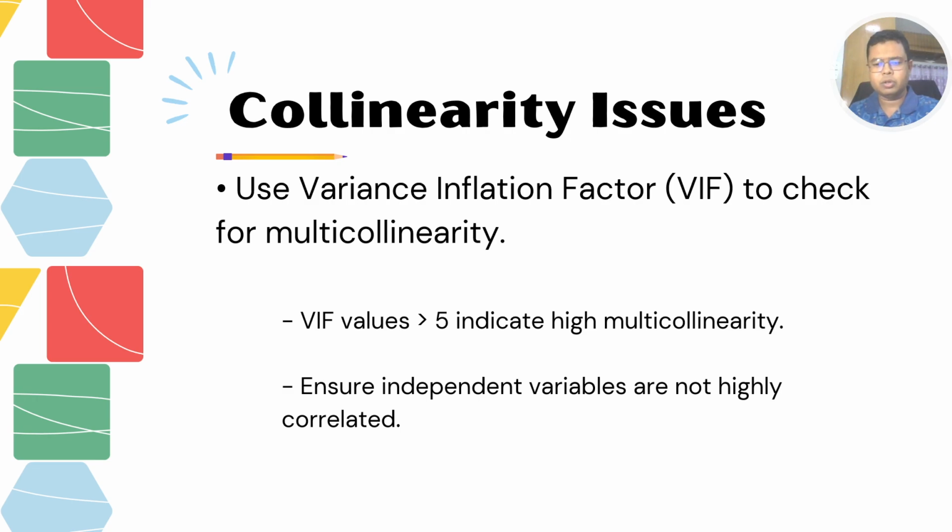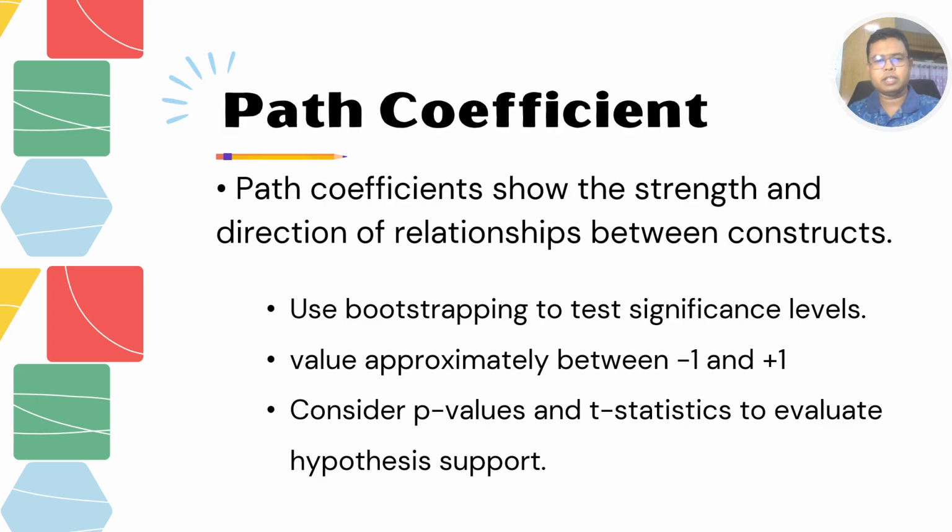Before we build the model or test the hypothesis, we need to ensure the independent variables are not highly correlated, because if they are highly correlated, the model will be misinterpreted. Okay, so next one is path coefficient.